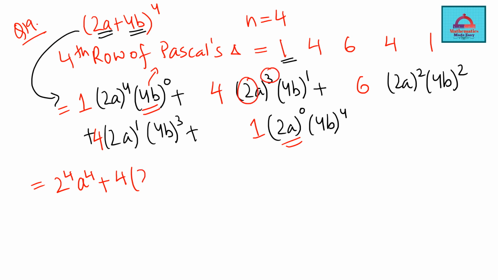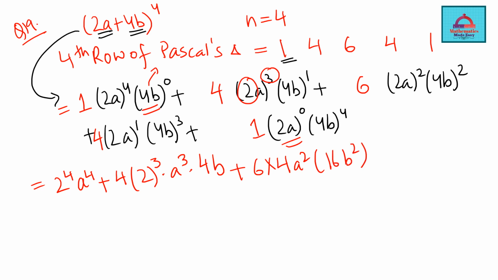So that is going to be 8 in the next step, a cube, and then you also have a 4 to be multiplied along with b, plus 6 times 2 to the power 2, that is 4, a square, 4 to the power 2, that is 16, b square, plus next term 4 multiplied with 2, that's 8a, multiplied with 4 cube, b cube. So you may use your calculators just to simplify your calculation and save time. The last term here is 4 to the power 4, b to the power 4.